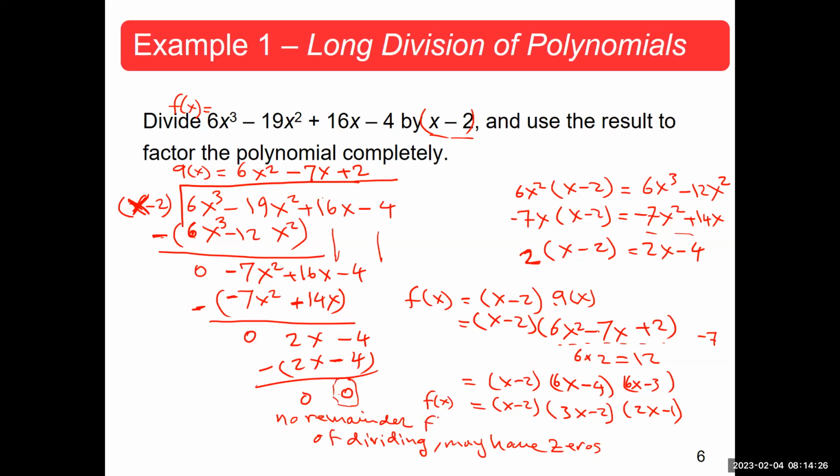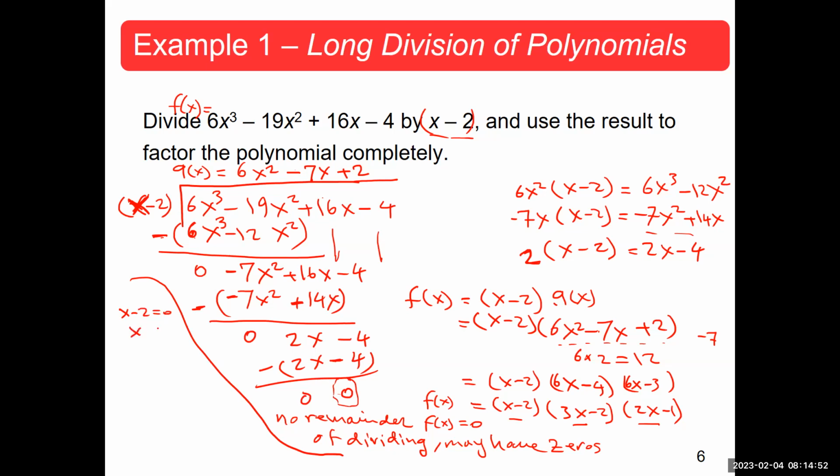Well, if I ask you what are the zeros, you say f(x) equals 0, then each term here must be 0. So let's use that space somehow. We're going to say x minus 2 equals 0.